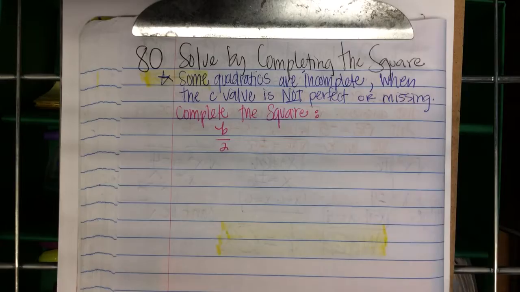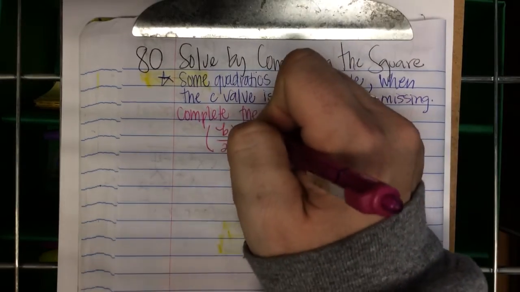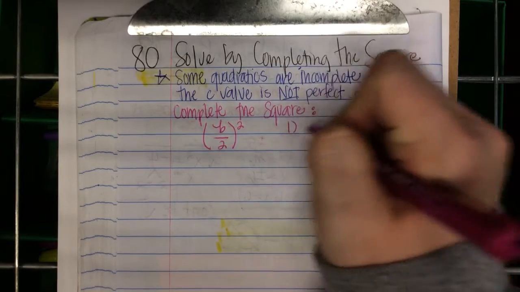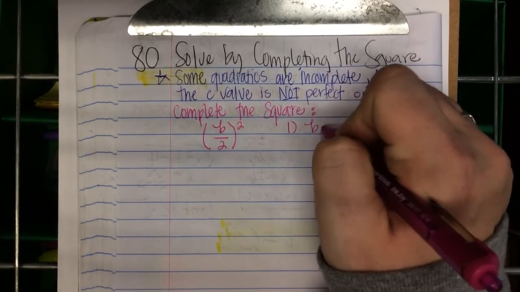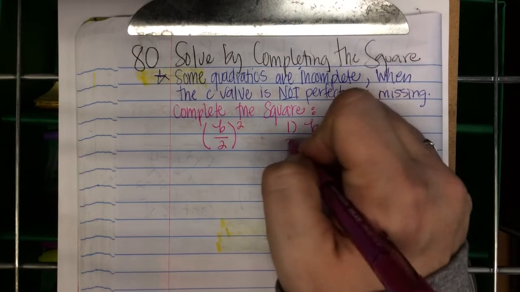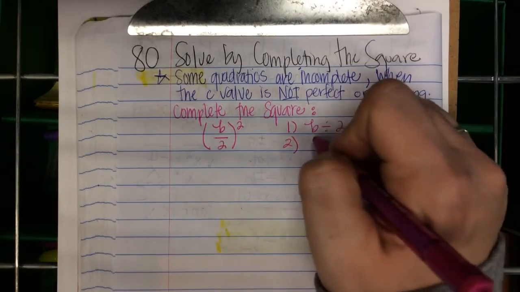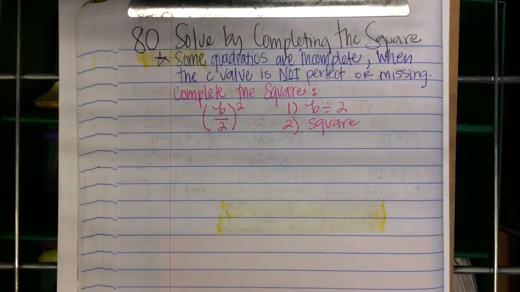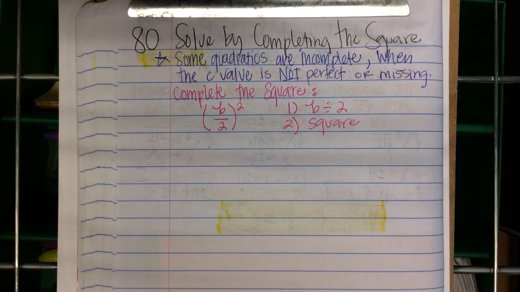We'll write that in words. We're going to do b divided by 2 first, so we get our quotient, our answer. And then we square it. Well, that's the formula we use. Then we have to apply it. There are 6 steps.